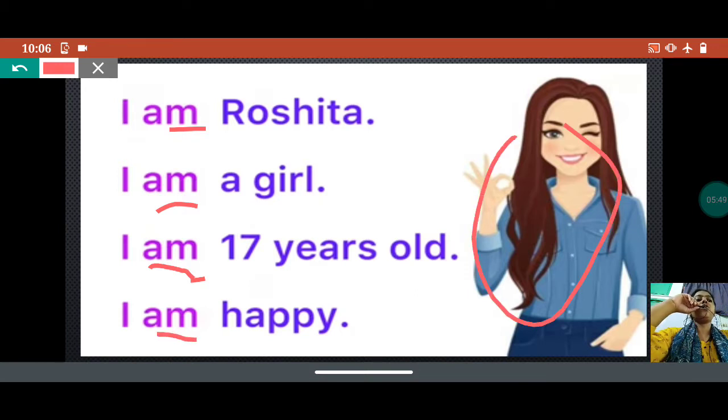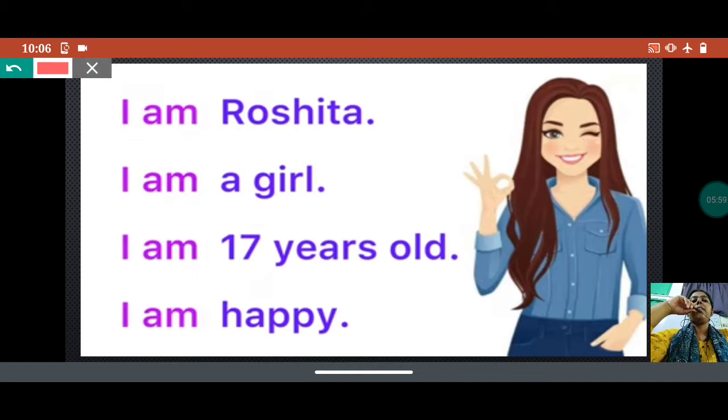Now this girl is talking about herself, telling her name and all the introductions. That is why she is using I with am. I is always used to tell about yourself, and I always uses am.